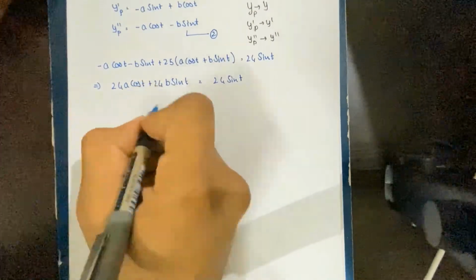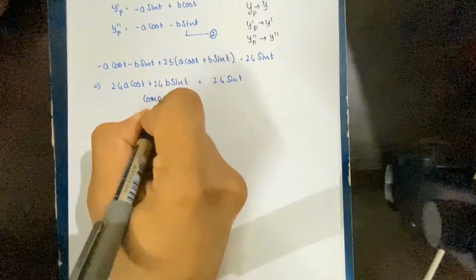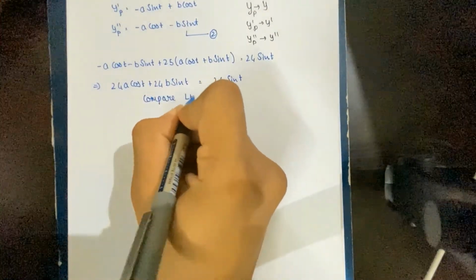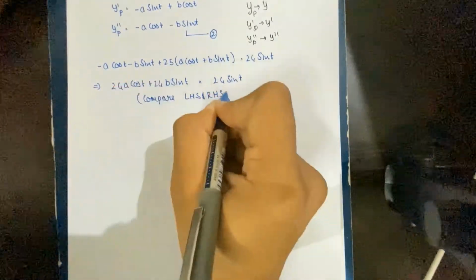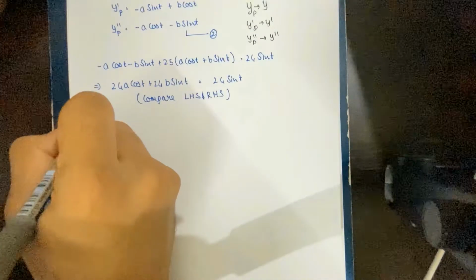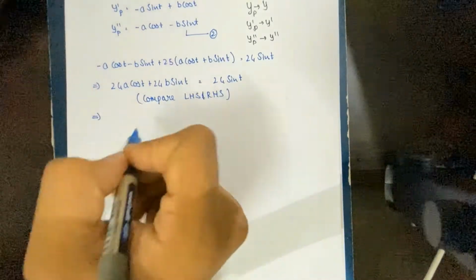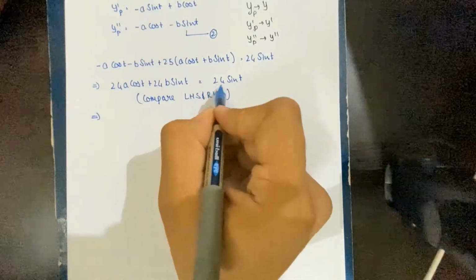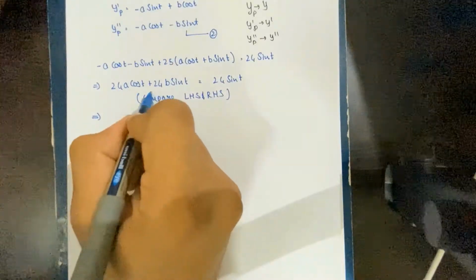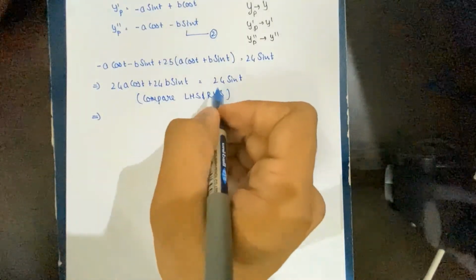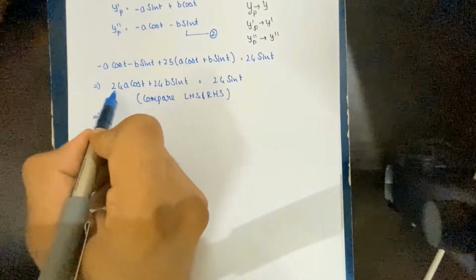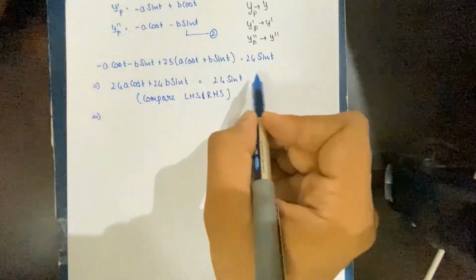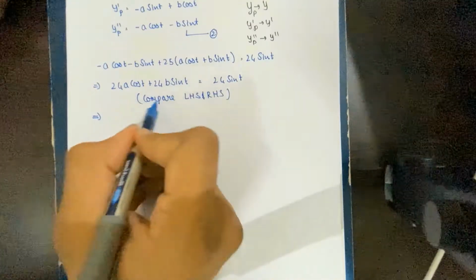So I'm going to compare LHS and RHS. 24b equals 24, so b is equal to 1, and there is no cos t term on the right, so 24a equals 0, so a equals 0.